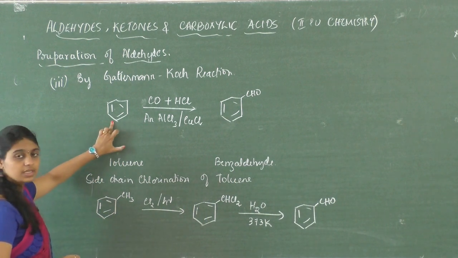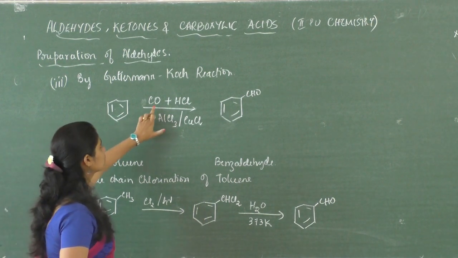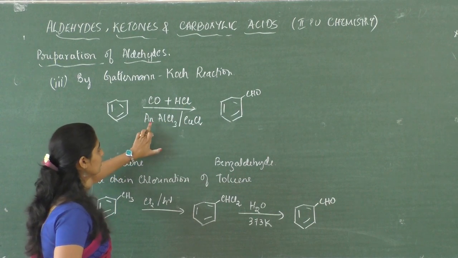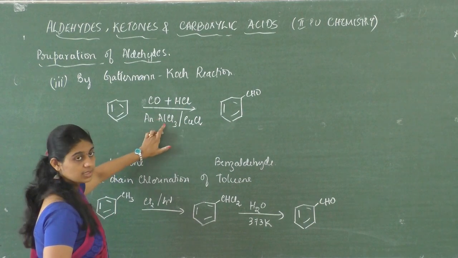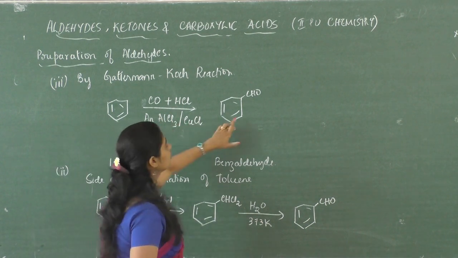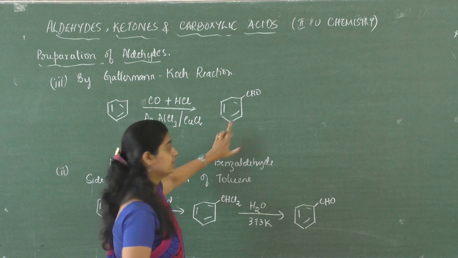So when benzene is treated with the mixture of carbon monoxide and HCl, and this is important, in the presence of anhydrous aluminium chloride or else cuprous chloride, benzene gets converted to benzaldehyde.